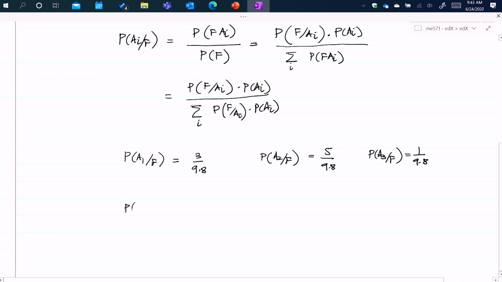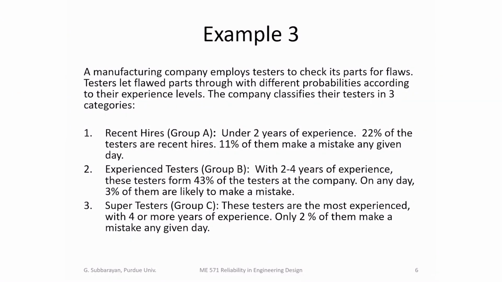And probability of A4 given F is 0.8 divided by 9.8. Those are the 4 events, and so now we can go ahead and calculate the probability of a particular failure cause given the failure event. Go on to the next example.